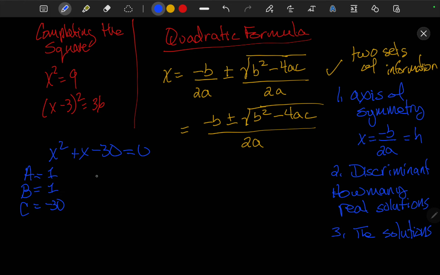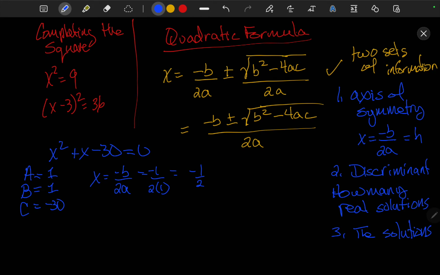My axis of symmetry, x equals negative b divided by 2a. b is 1, so it's negative 1 divided by 2 times 1, which gives me my axis of symmetry, which is negative 1/2. Okay, so we already know that is the h of the vertex form.